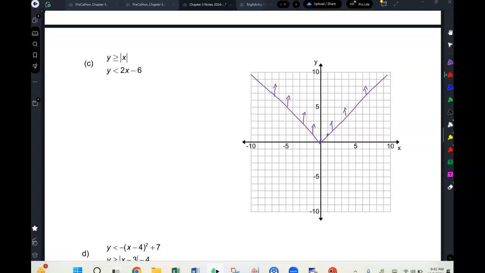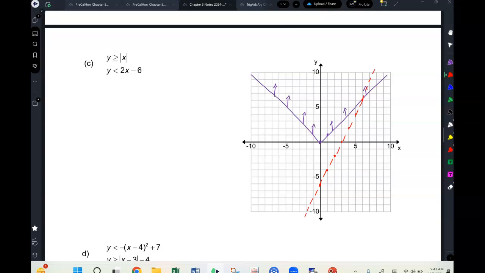Okay, then y is less than 2x minus 6. So minus 6 is here, up 2 over 1. Dotted. Okay, so that's where they cross.